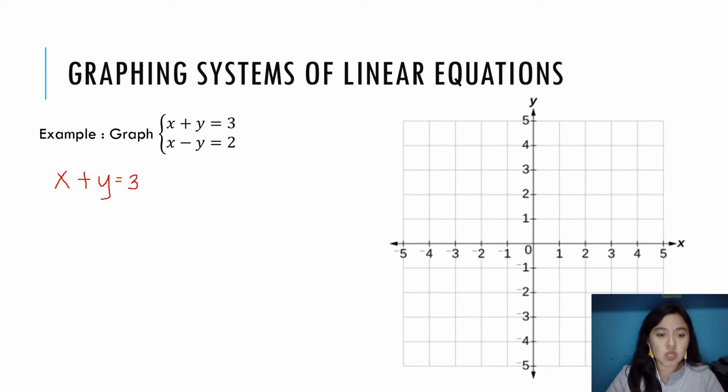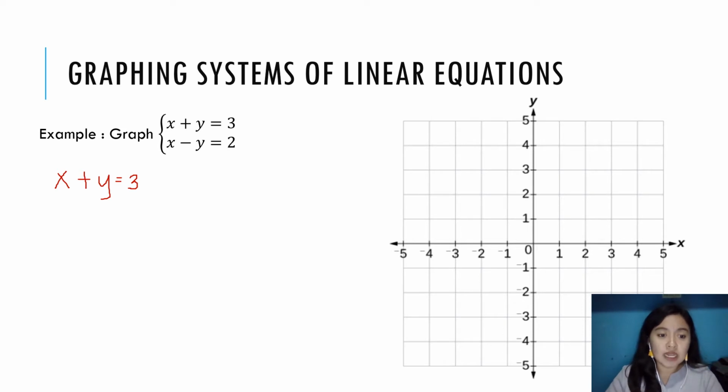If we transform this into the slope-intercept form, what we need to do is leave y on one side of the equation. So, we move x. This is called the additive property of equality, but for the sake of understanding the lesson easily, let's just imagine that we moved x to the other side of the equation.